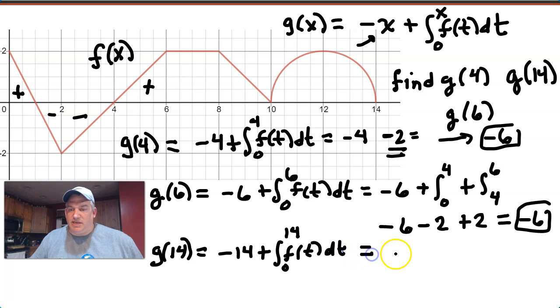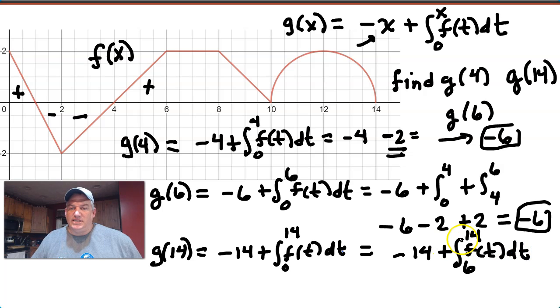So we're going to say this is equal to negative 14 plus the integral value from 6 to 14 of f of t dt. Probably just easier to do it that way. It's all going to be positive since it's all above the x-axis, and we're measuring left to right. Here we have an area of 4. Here we have an area of 2, and this is a semicircle with a radius of 2, so this ends up being 2 pi.